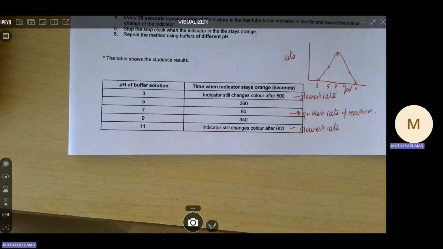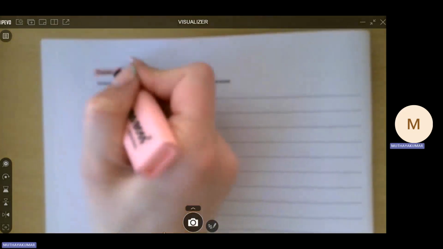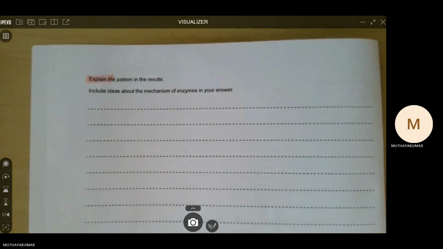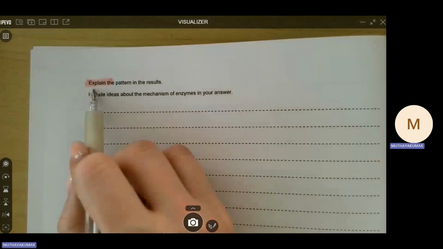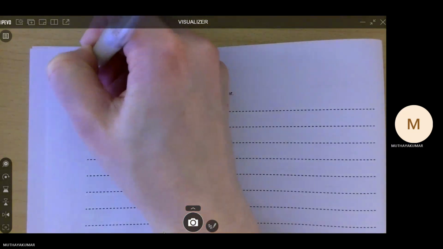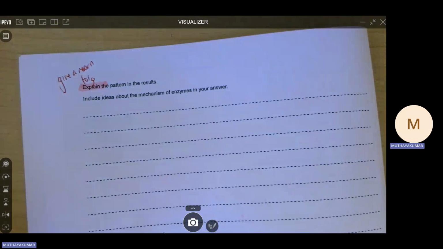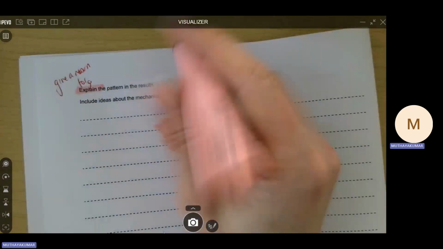All right, so when it says explain, you have to give reasons for. Make sure that you give a reason. Make sure to include ideas about mechanisms of enzymes in your answer.